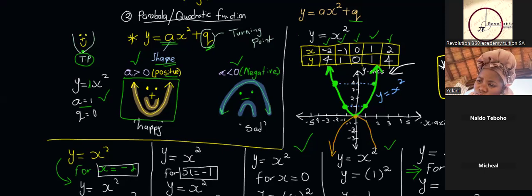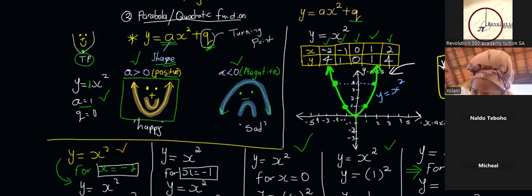For that, you're going to use the very same concept that I was doing. For x equals negative 2, you substitute into the equation y equals negative x squared. For x equals negative 1, you substitute it back into this equation that you must draw as part of the homework. And then you'll see the graph that you are going to draw being like that. You know why it's going to face downward?